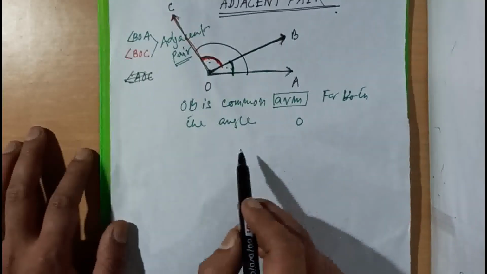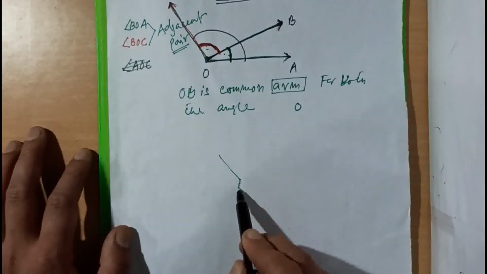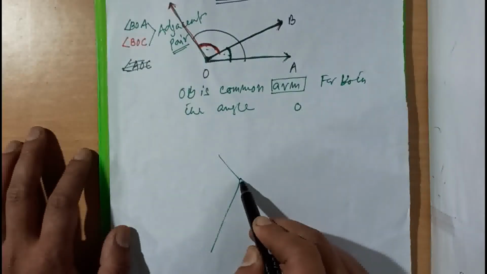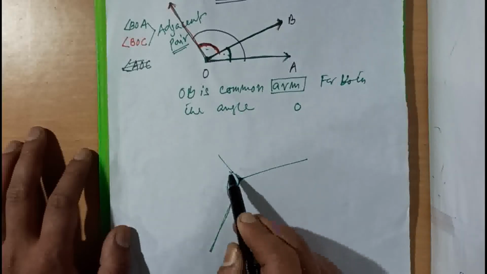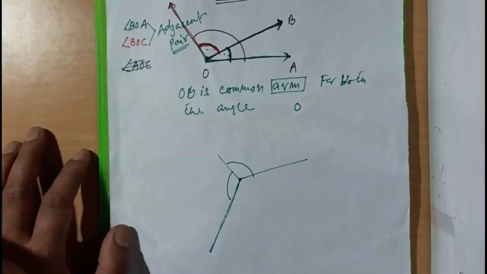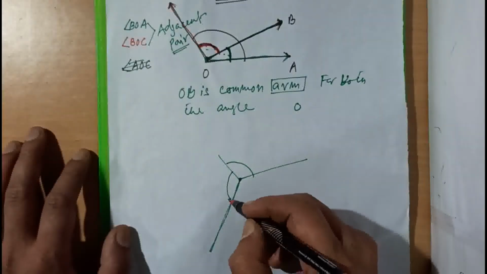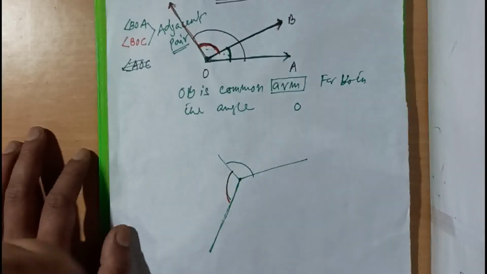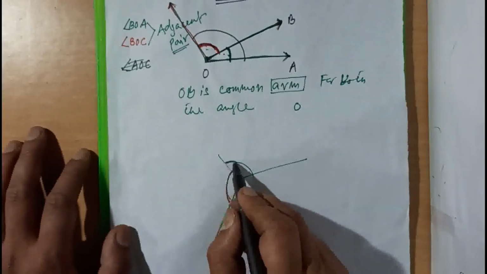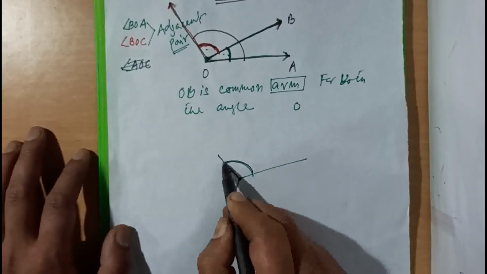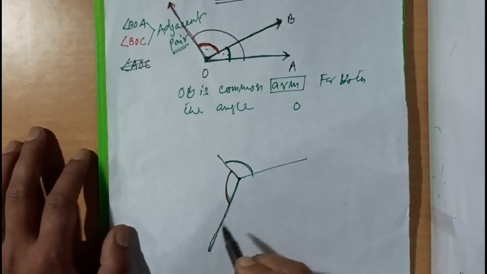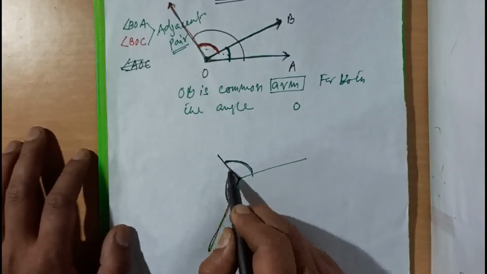Another example let me take so that it will be clear. Now you see, here I am drawing how many angles? Two angles. One angle is this one, and one angle is this one, black color angle. For this particular angle, these two are the arms, and for this angle, these two arms.